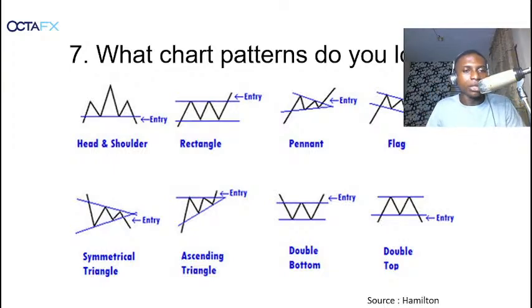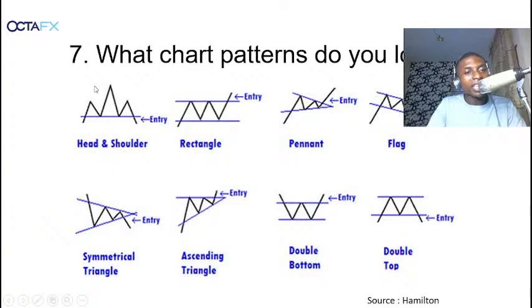We have the head and shoulder, the rectangle pattern, the pennant, the flag, the symmetric triangle, the ascending triangle, the double bottom, and the double top. The head and shoulder is a reversal pattern. It appears in a market that wants to reverse.